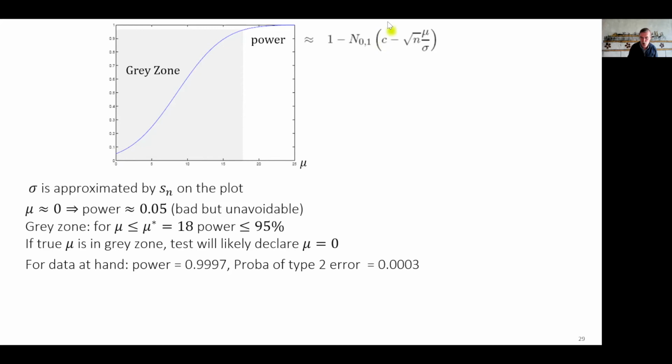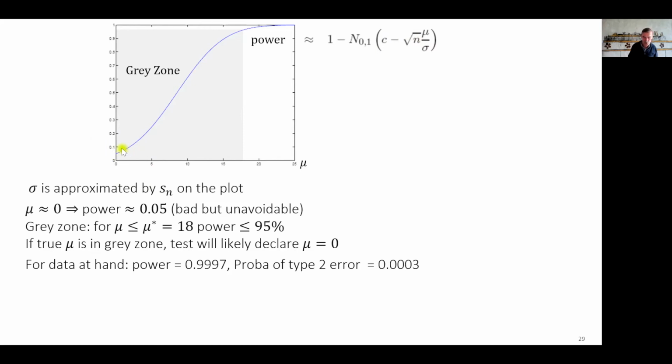Well, it is because we've chosen the threshold C such that the probability of the other type of error, which is the probability of deciding for H1 when mu is equal to 0, is exactly equal to 5% here. But because the power function is a continuous function of mu, of course, when mu is very close to 0, not 0, but close to 0, then the value is very close to 5% here.